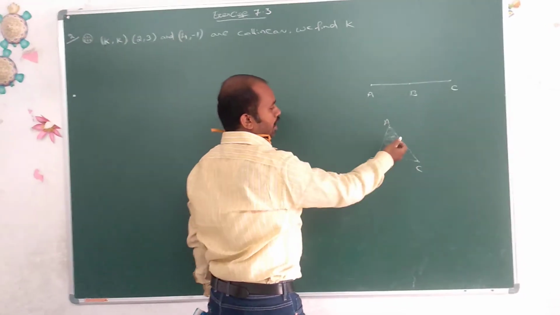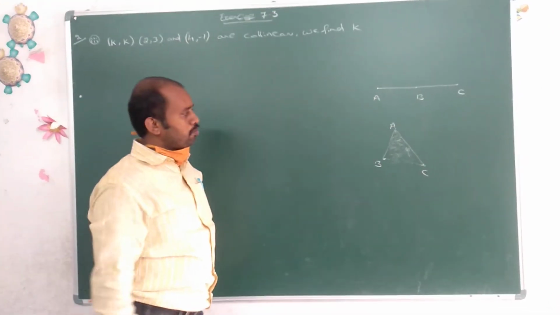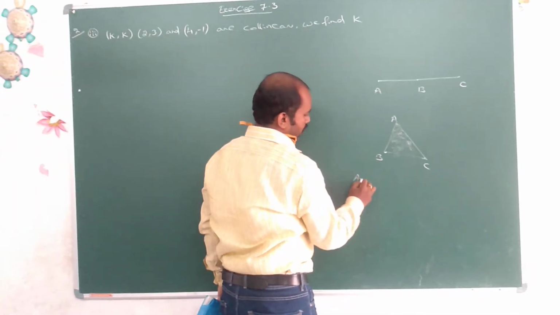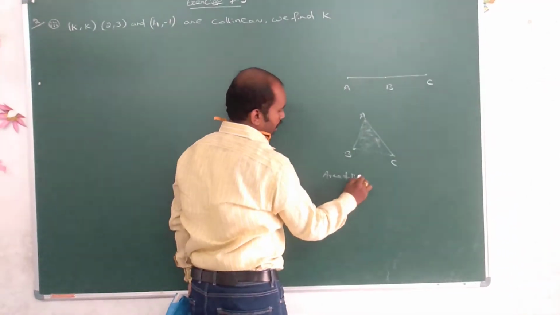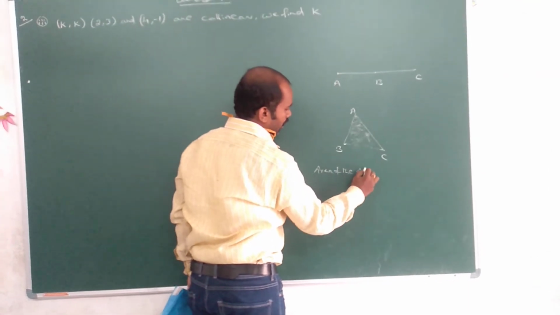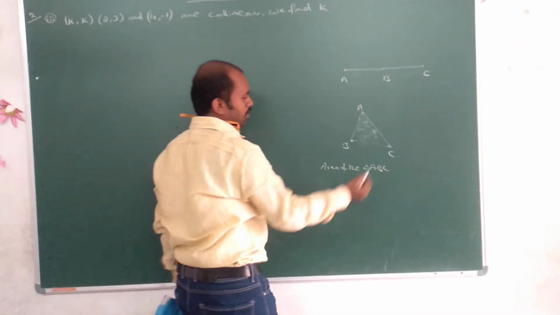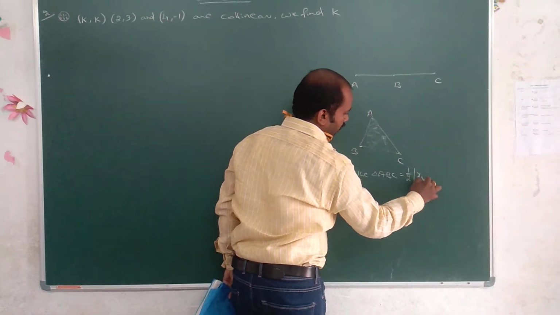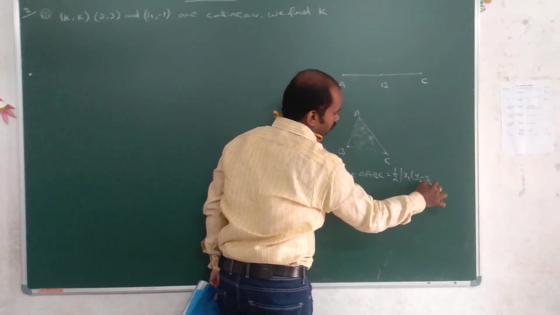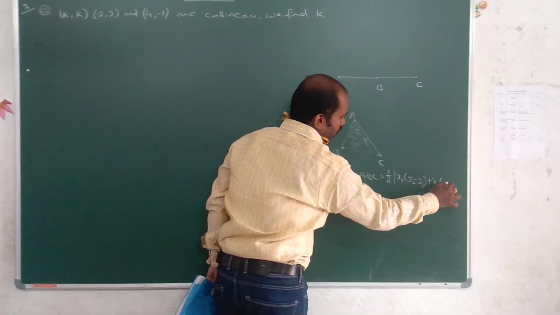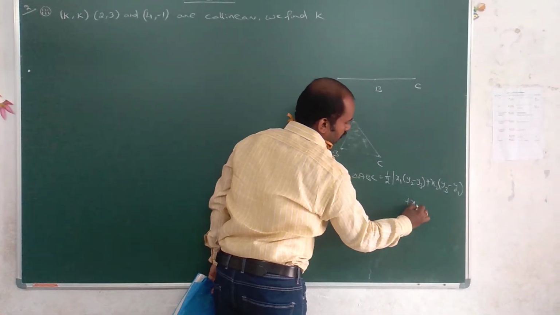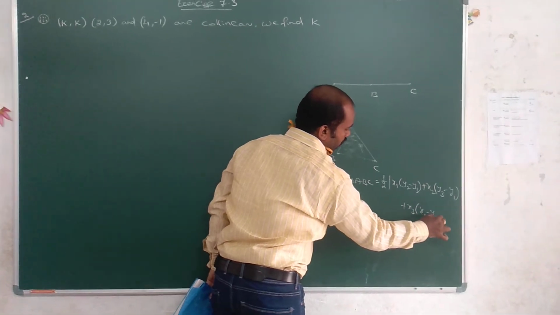So area of the triangle formula already you know in before classes. So area of the triangle ABC equal to half modulus of x1 into y2 minus y3 plus x2 into y3 minus y1 plus x3 into y1 minus y2.